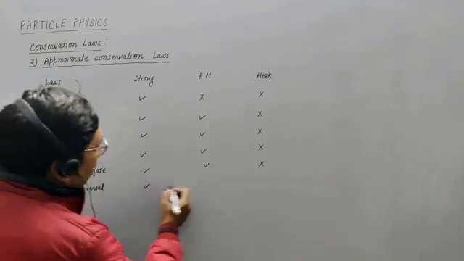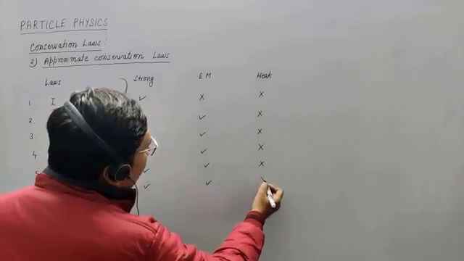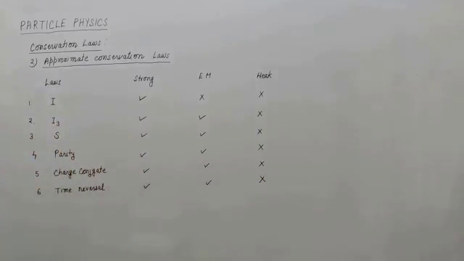It is followed here, but it will be violated in case of weak interaction. So these 6 are approximate conservation laws which are followed in 1 or 2 but violated in the other. Here I have summarized all the conservation laws in this table.